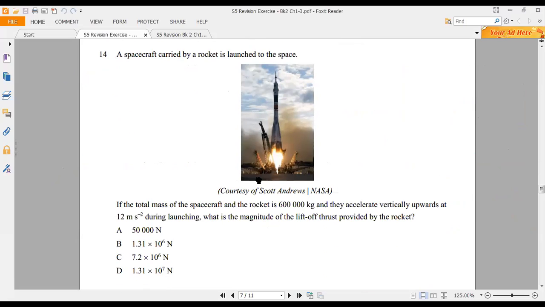Okay, this question is about a rocket. So find the lift off thrust. This lift off thrust is the force acting on the rocket by the exhaust gas during the explosion. So let me draw the rocket.